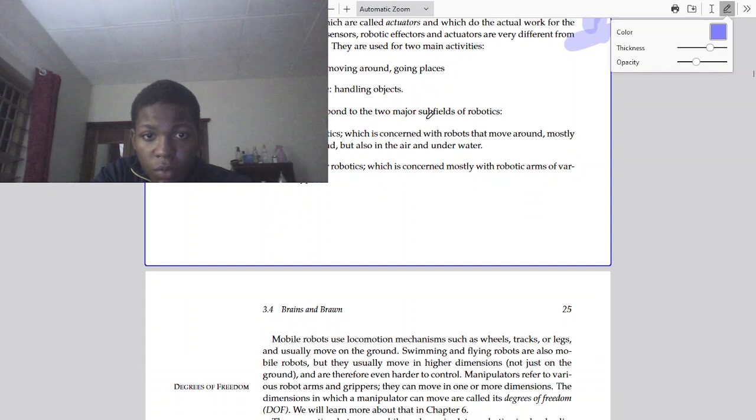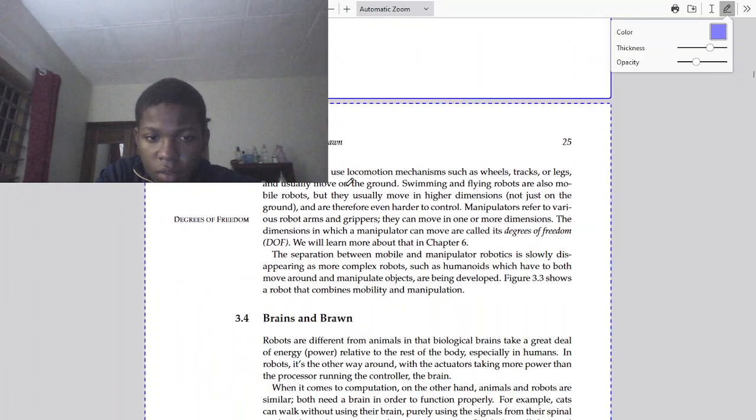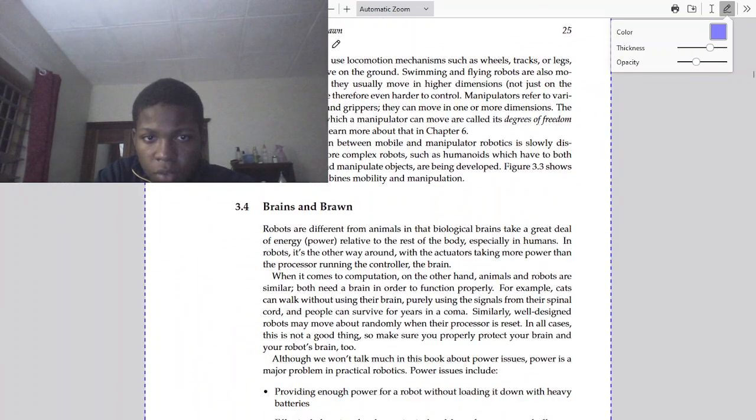These correspond with the two major subfields of robotics: mobile robotics, which is concerned with robots that move around, mostly on the ground, but also in the air and underwater, and manipulator robotics, which considers robotic arms of various types. Mobile robots use locomotion mechanisms such as wheels, tracks, and legs to move on the ground.